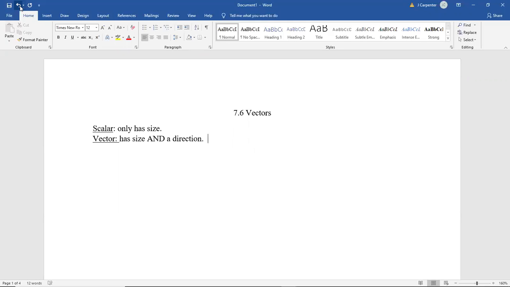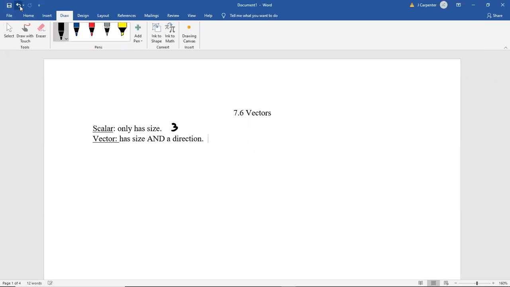So a number like 3 would be a scalar, but saying something like 3 east would be a vector because it has size, the number, and a direction, east. Now, we usually don't use north, south, east, west as our directions. Usually we'll say they point up or right or left or down, which would be the equivalent. Or maybe we use degrees, angles or radians to indicate direction.